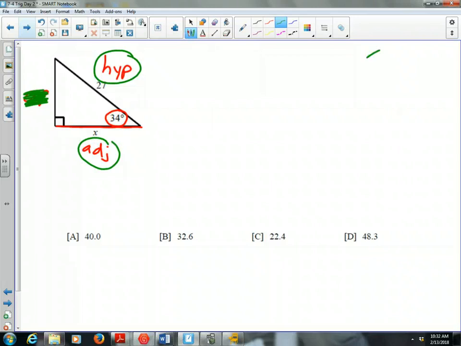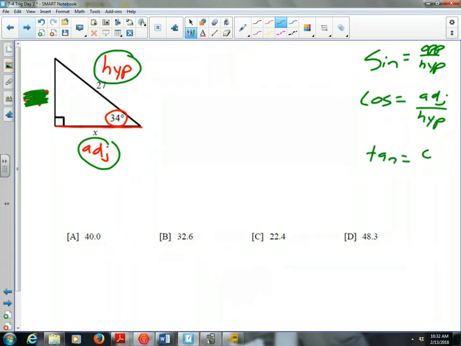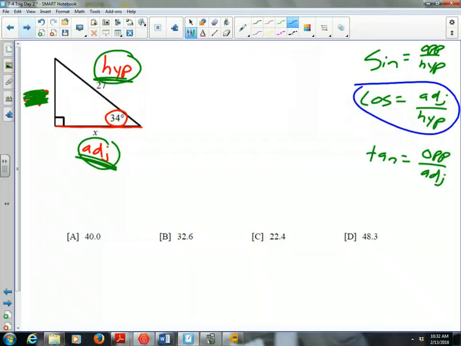So as far as sine equals opposite over hypotenuse, the cosine equals adjacent over hypotenuse, and the tangent equals opposite over adjacent, which trig function uses the adjacent side and the hypotenuse side? The adjacent side and the hypotenuse side is the cosine trig function. We're not going to use this one, we're not going to use this one.